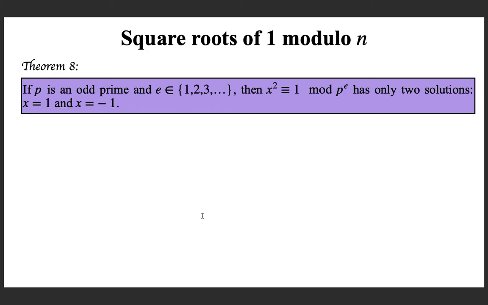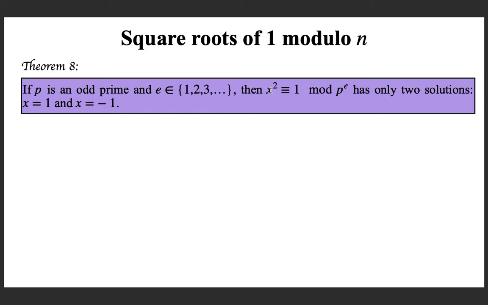Now, we can have a theorem. If P is an odd prime, meaning P is a prime number which is not 2, and E, which is going to be an exponent, is any natural number other than 0, then the equation x square is congruent to 1 mod P raised to E has only two solutions for x.